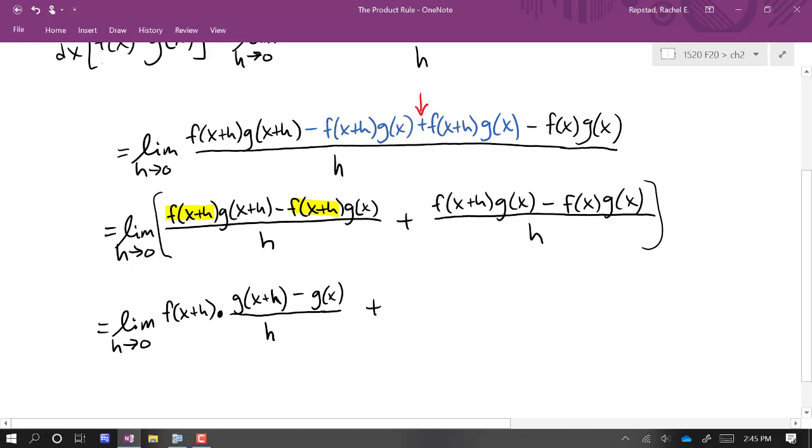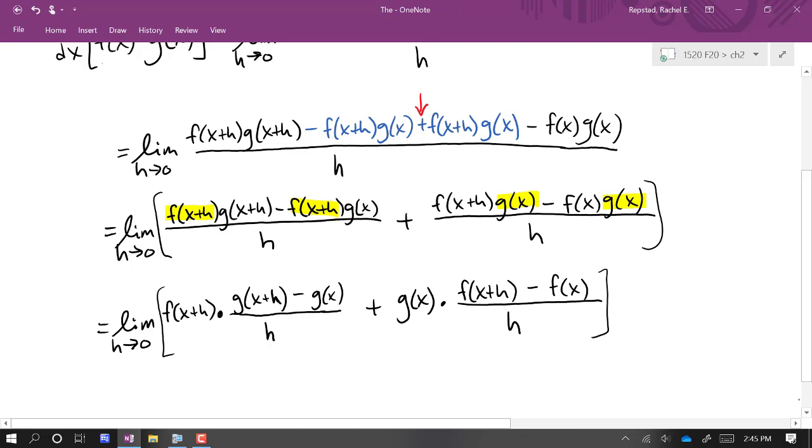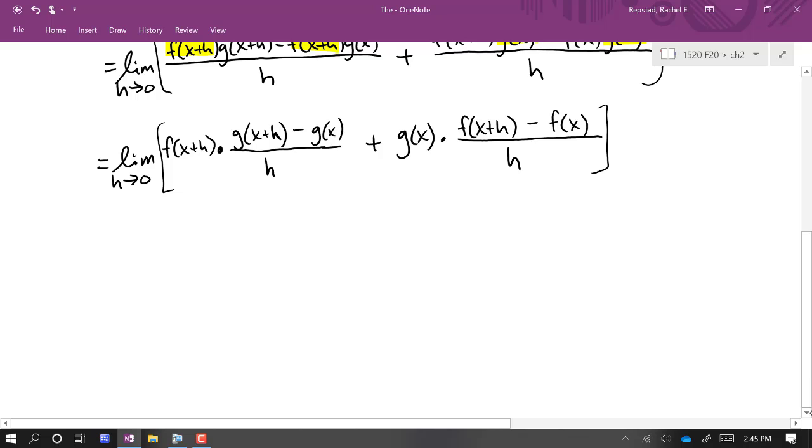And then in the second fraction, we've got a common factor of g of x. I'm going to take that out. And we have f of x plus h minus f of x, all over h.